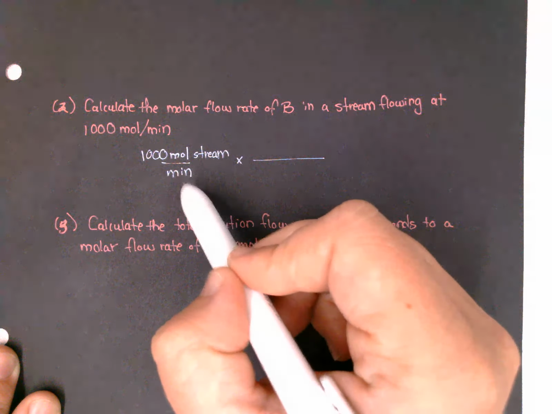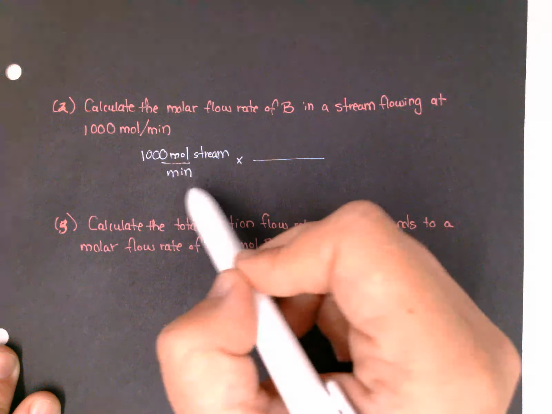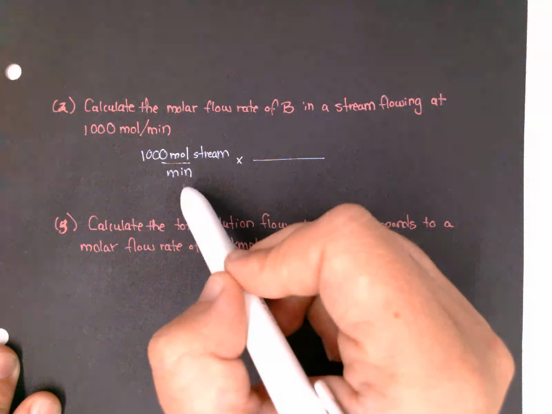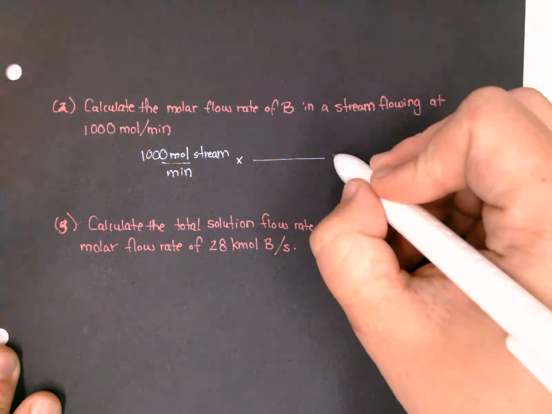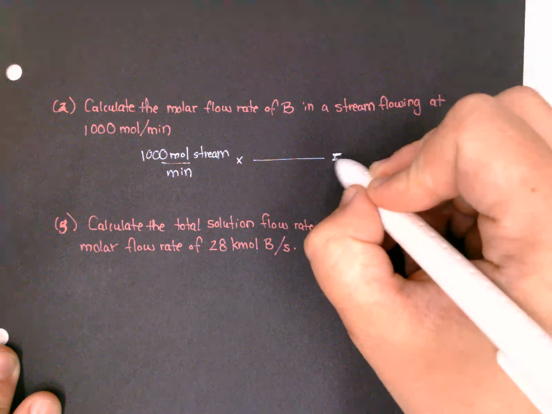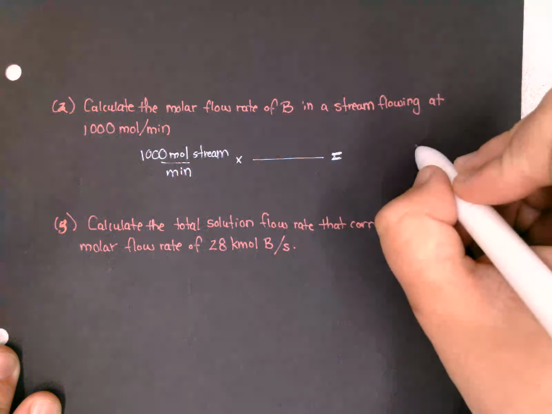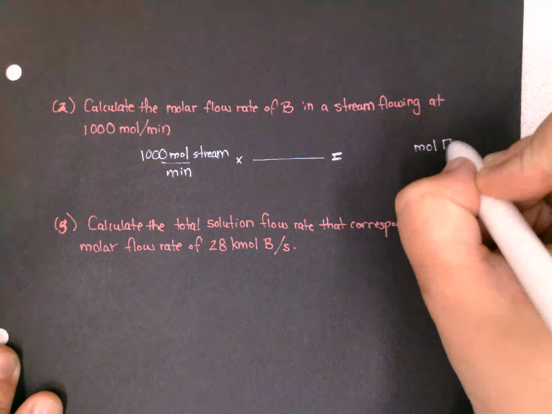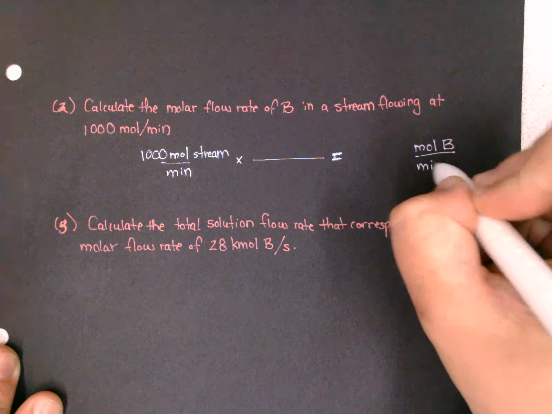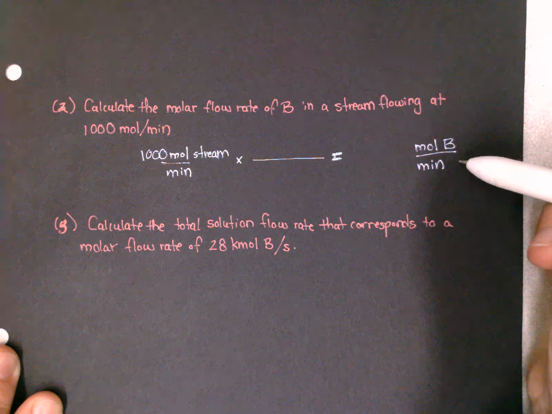Because that would be in a flow rate. Doesn't matter if it's minutes or seconds. As long as there's a time in the denominator, that's a rate, right? And we want to find something, let's put an equal sign here, that is going to give us moles of B per minute. That's a molar flow rate of B, right?